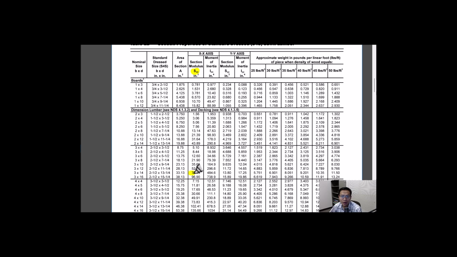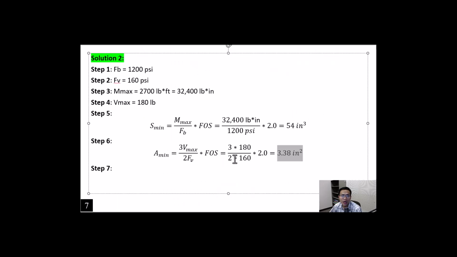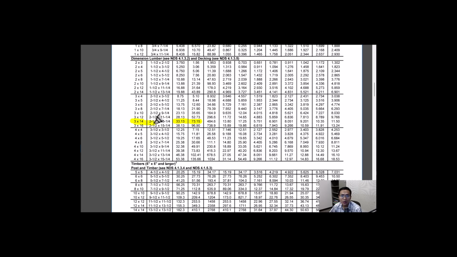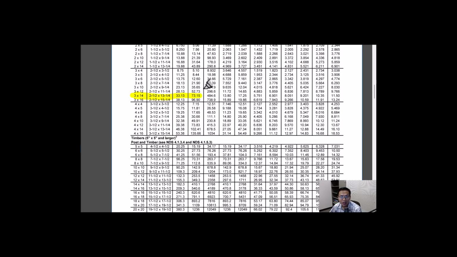Right here we have 3 by 14. Sx is 73, which is way larger than 54, and the area is larger than 3.38. So this one will work. However, let's find another option that may be more economical.